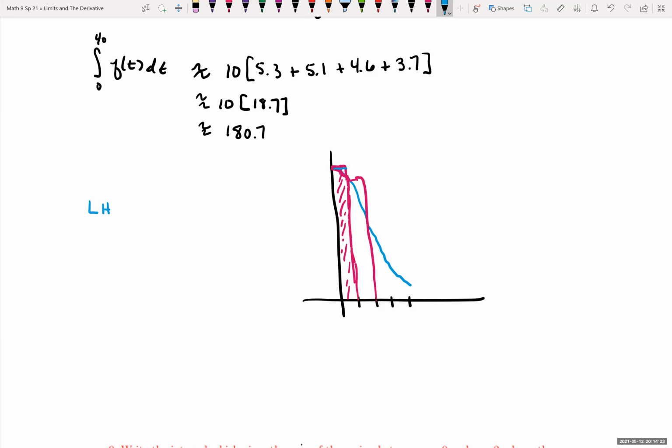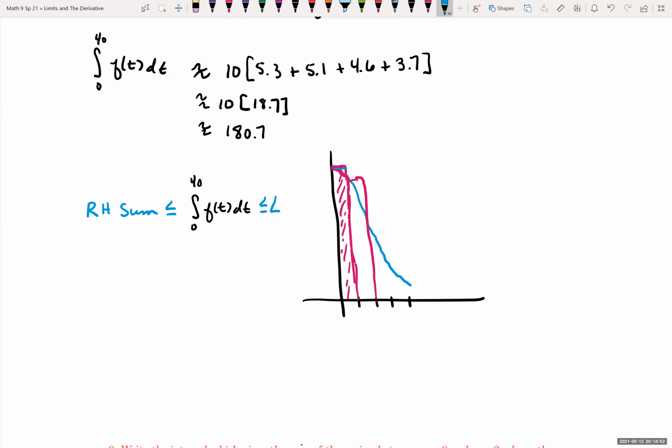This left-hand sum is going to be less than or equal to the exact sum. I'm sorry, our left-hand sum is bigger. Our right-hand sum is going to be the smaller one in this case because it's decreasing. So right-hand sum is less than or equal to that.